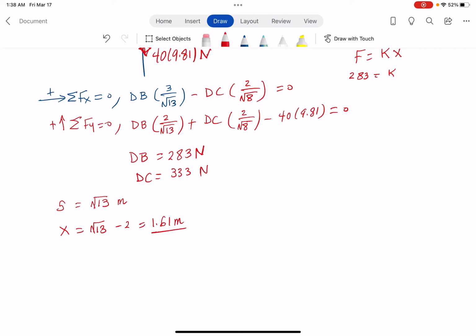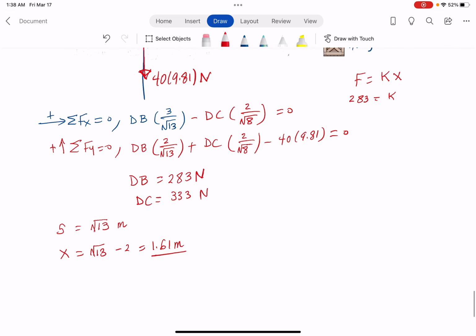Okay, and then this is X, you put it here, times 1.61, and then you could find K as 283 over 1.61, and that will give you 176.